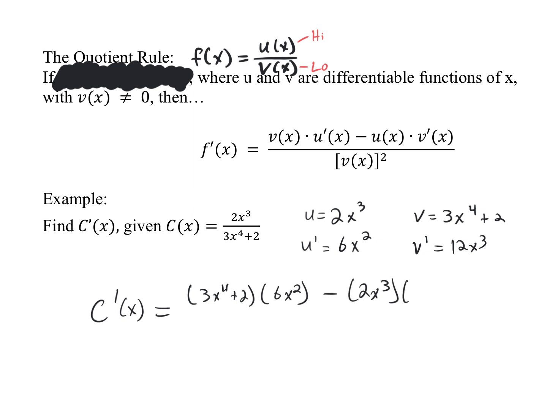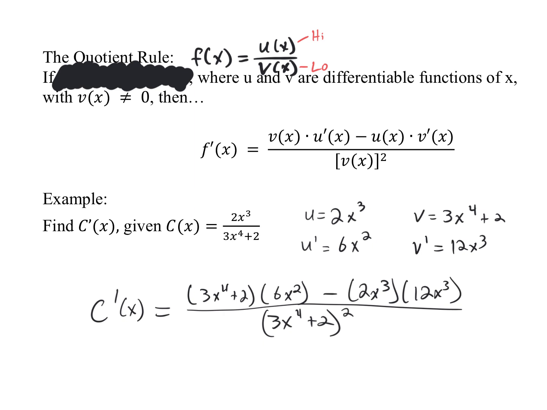Oh, sorry, I started writing the wrong thing. It's the derivative of the low function, 12x cubed. And then this is over the square of what's below, 3x to the 4th plus 2. That was what was below, but we squared. Okay, so this is it.